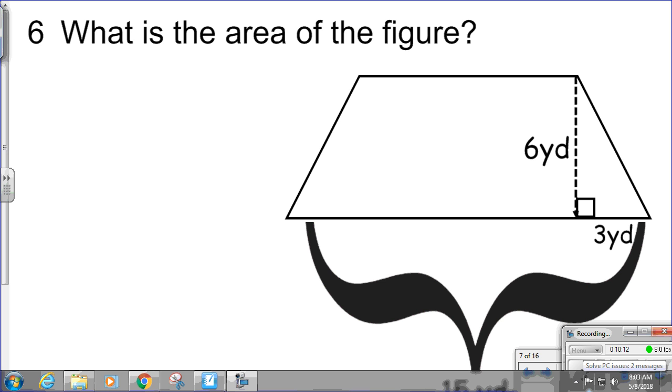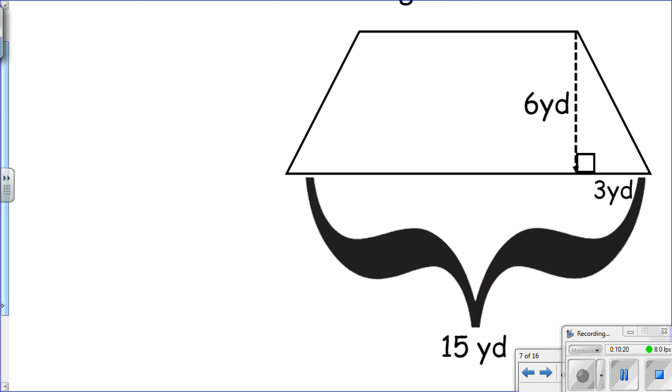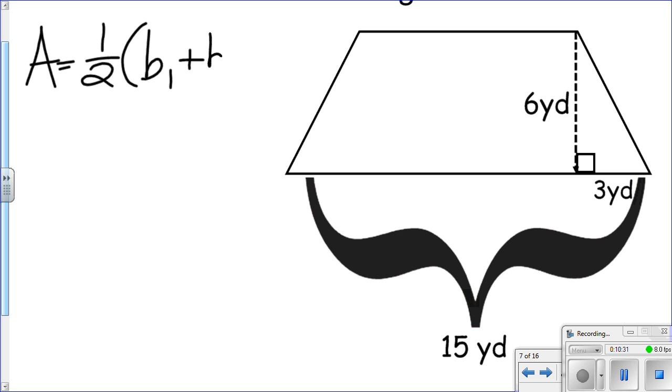All right, this shape is a trapezoid. You don't need to add any more to it. You need to use the formula. And there actually is a little bit of math that you have to do with this problem. All right, so the area of a trapezoid, this is a big one. 1/2 base 1 plus base 2 times height.